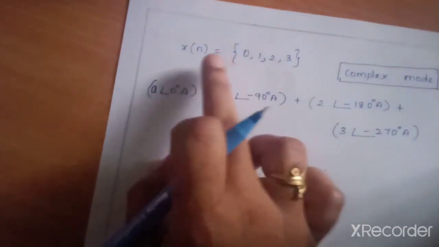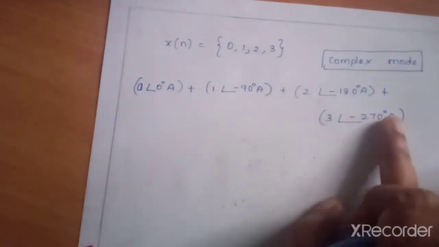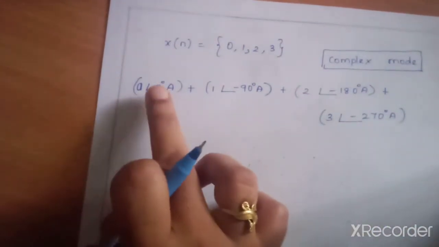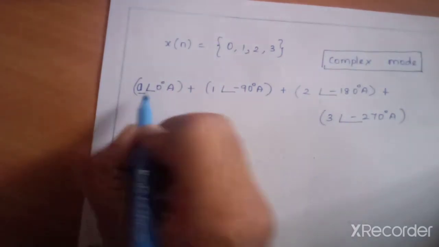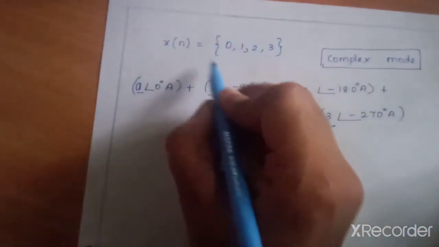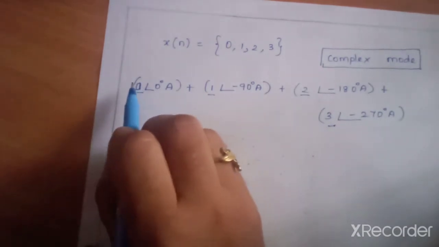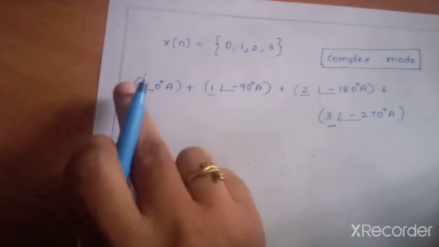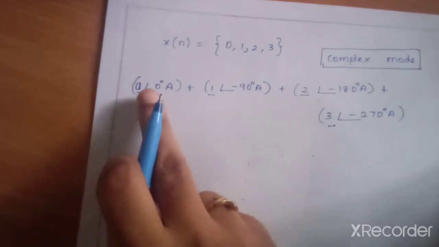You have to write the x of n in the format of 0 with the angle of 0 degree, plus 1. Here 0, 1, 2, 3 represent the terms inside the x of n. Whatever the term in x of n, you write it in this form.